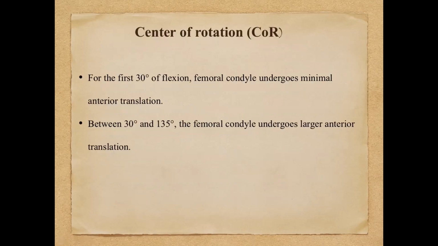Now coming to the center of rotation, which varies with the angle of knee flexion. In the first 30 degrees of flexion, the femoral condyle undergoes minimal anterior translation. Between 30 and 135 degrees of flexion, the femoral condyle undergoes larger anterior translation.